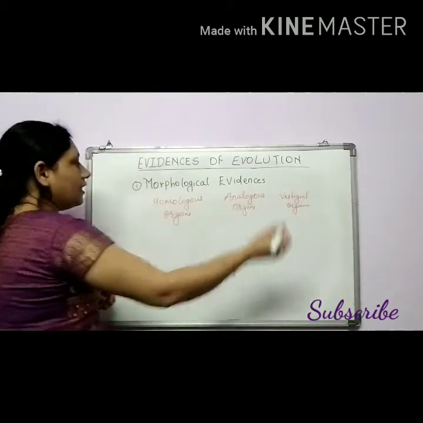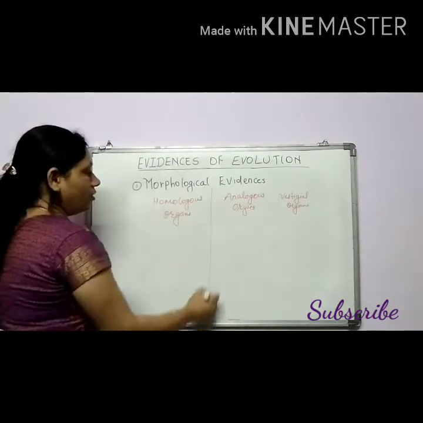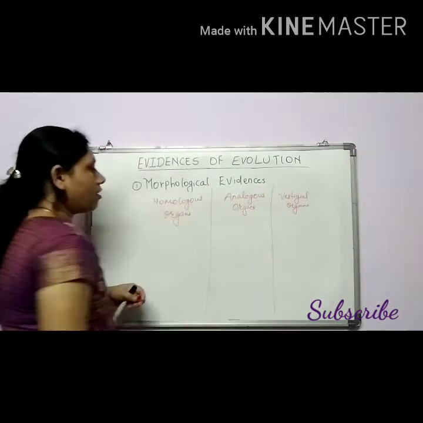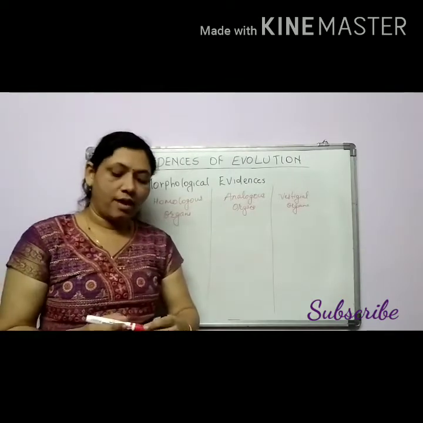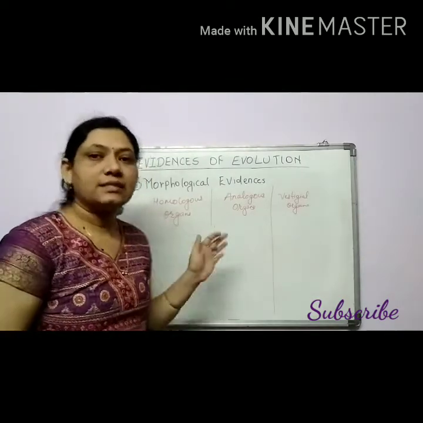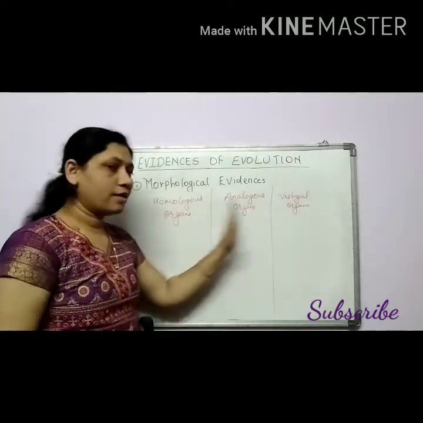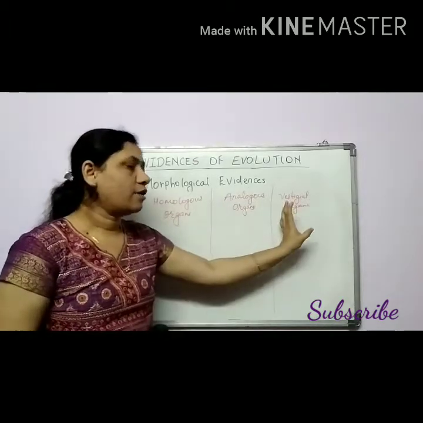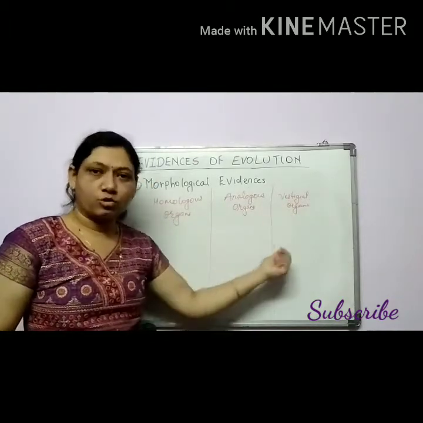We will study these 3 types of organs today. I think it will be very easy for us to understand the organs first. That is why I took the vestigial organs in this only.